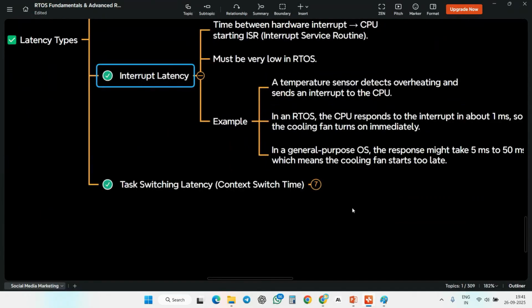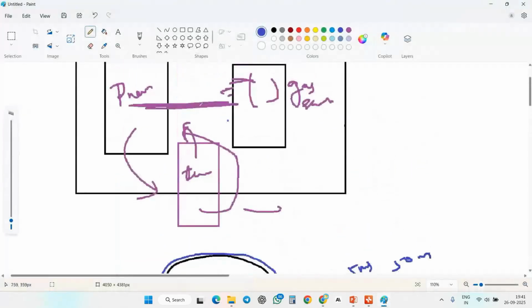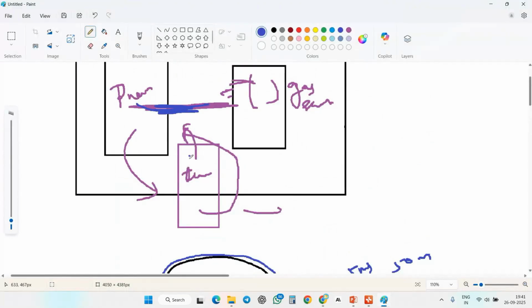Interrupt latency means, guys, whenever two applications are already working, a third peripheral tries to interrupt, gives priority to itself, and does the task it needs. But the latency, the delay in doing that task, should be very small.